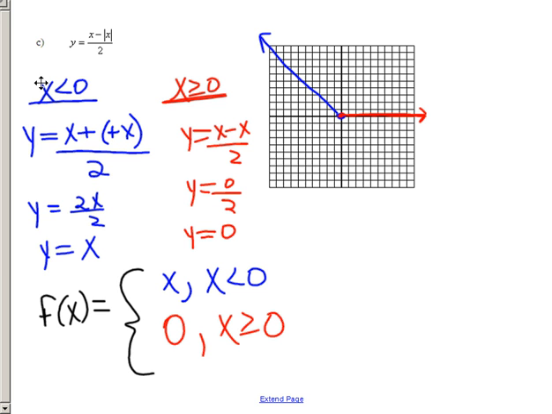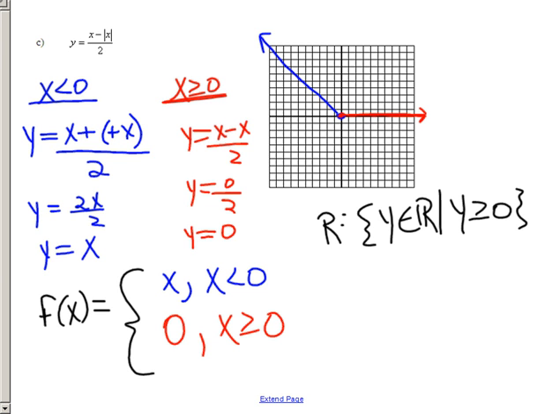The domain here is all real numbers. I'm not even going to write it down. The range would be all numbers greater than or equal to 0. So the range in this particular problem: y is an element of all real numbers such that y is greater than or equal to 0, which is bracket 0, because it's inclusive, comma, positive infinity.